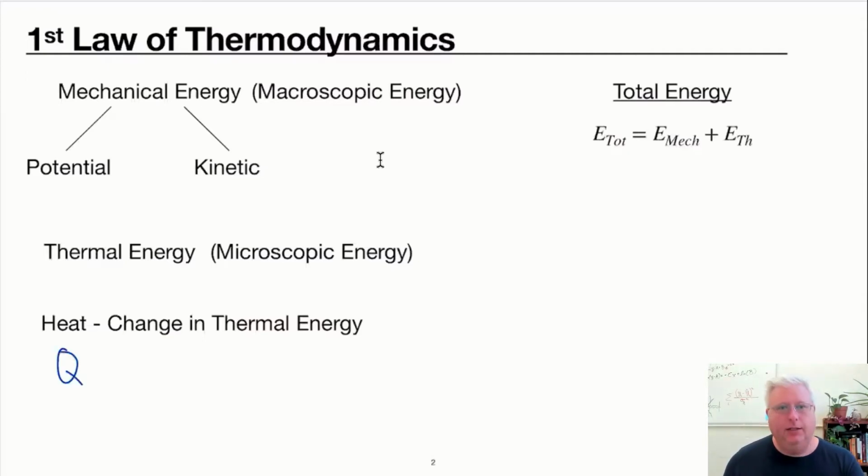And so this total energy equation we can then write as: the total is the mechanical energy plus the thermal energy, but it's also equal to the work done, if we have work being done on the system, and the thermal energy that's been changed or transferred, that heat.